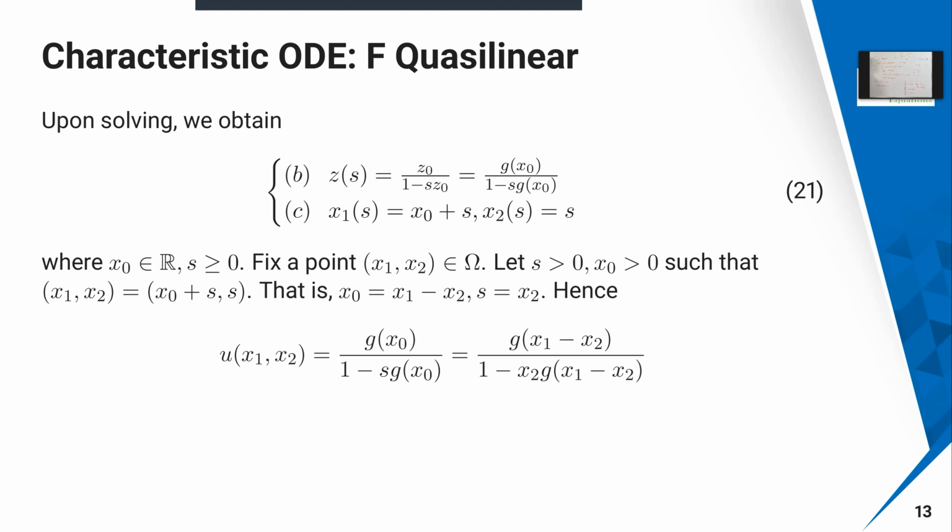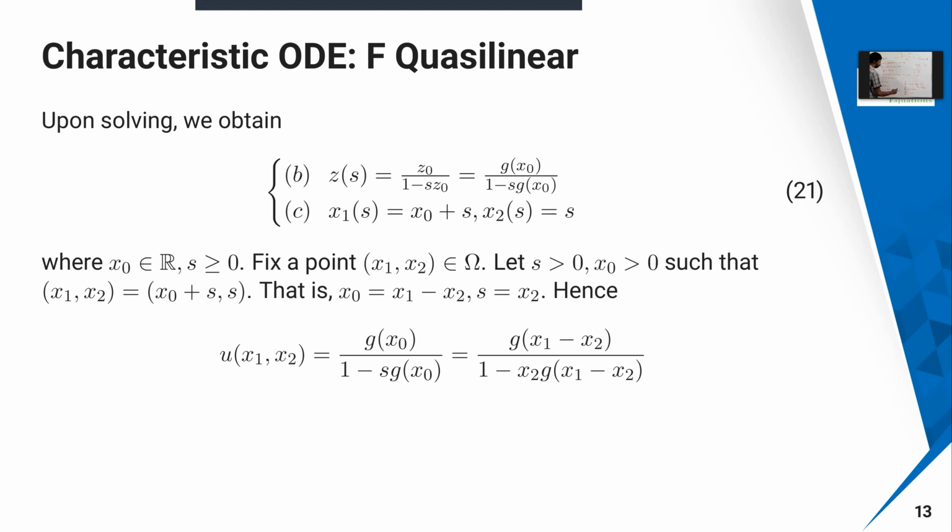If we rewrite this, x equals x naught plus s and y equals s. From this, x naught equals x minus y, because y equals s, and s is simply y.